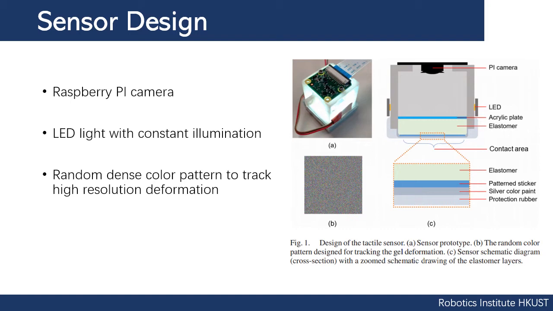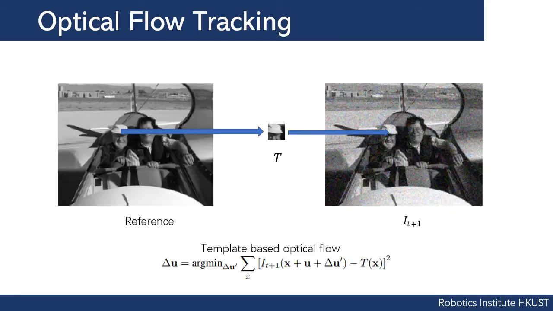Our sensor design uses the Raspberry Pi camera, which is very cheap and widely available. There is LED light to provide constant illumination. Random color pattern is used to track the high-resolution deformation information. We also use dense optical flow for tracking.